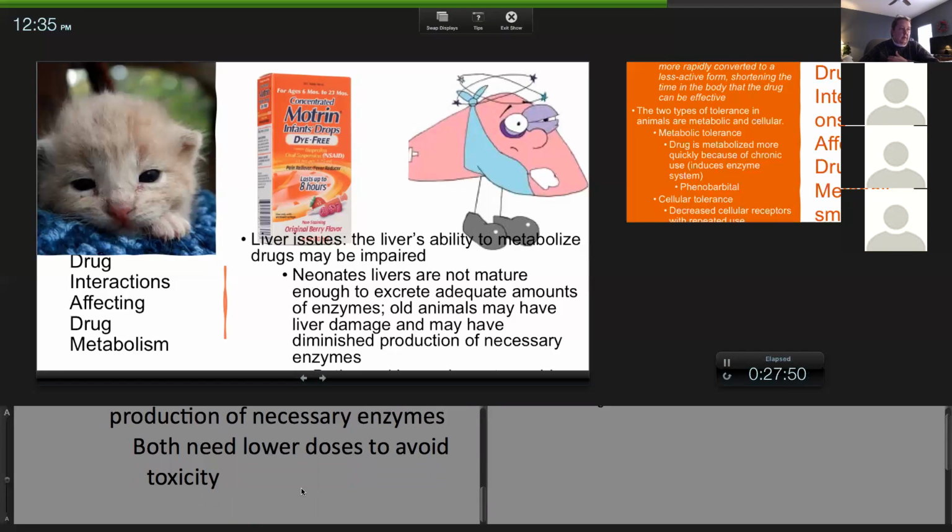So a lot of times you have to lower the dose. But what about if we have a geriatric patient and we worry about their liver function? If they're not producing adequate amounts of that enzyme due to liver dysfunction, then potentially we're going to reach toxic side effects of the medication we give.